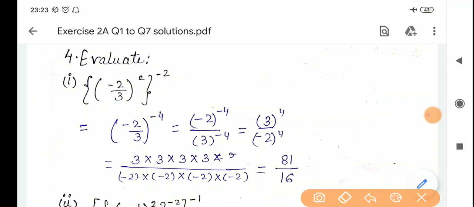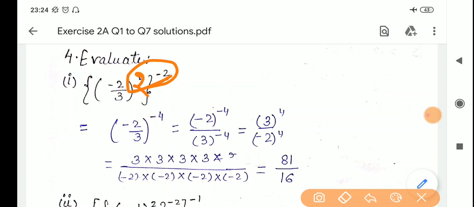The first part is ((-2/3)^2)^-2. Clear? I told you earlier that when the powers are between the brackets, we just multiply them. Here it is 2, so we multiply the powers.